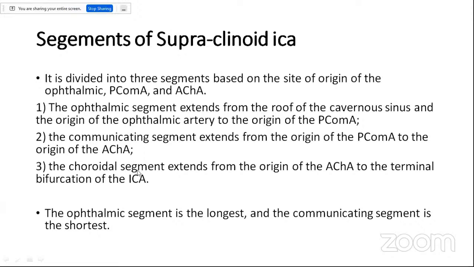And the third is the choroidal segment, which begins from the origin of the anterior choroidal to the terminal bifurcation of ICA into ACA and MCA. So you have three segments: ophthalmic, communicating, and choroidal. The ophthalmic segment is the longest. The communicating segment is the shortest.